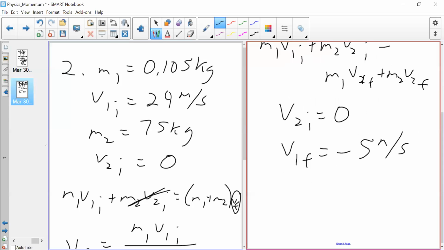One other thing to keep in mind is that the directions do matter. So if the bullet was going towards the right at whatever speed, that's going to be a positive velocity, and if it comes the other way, it's going to be negative. So the second guy's at rest. The only way we can really do this is if we treat it as a recoil, because there's no initial velocity given for the bullet.